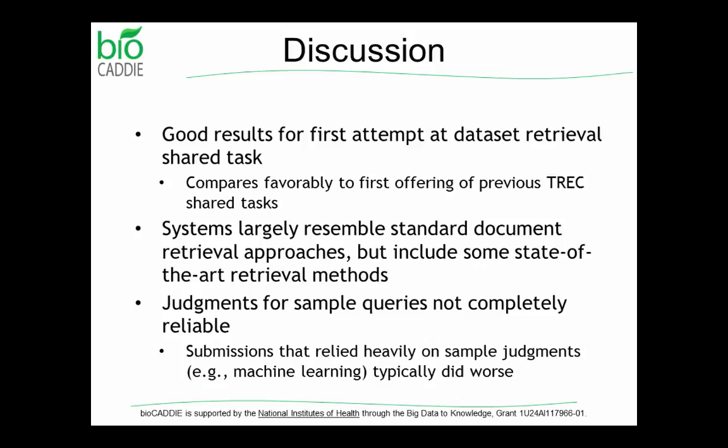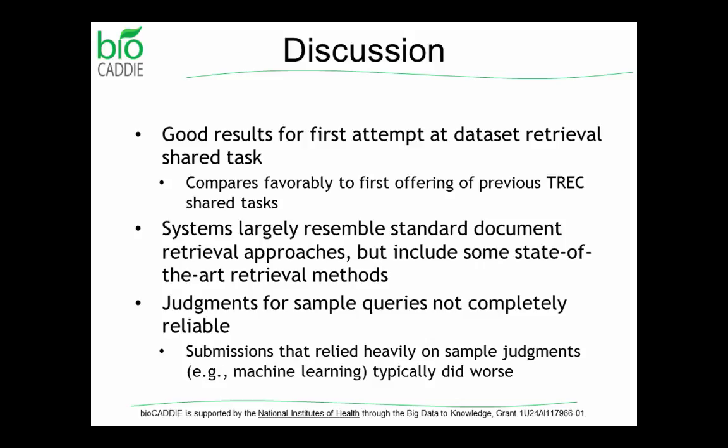So a bit of discussion first before I get to the subcontract, subaward that we did. These are my opinions, but I would say that the results were pretty good given that this is really the first attempt at a data set retrieval shared task.